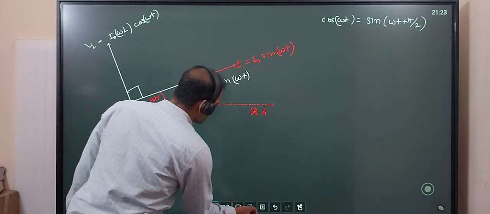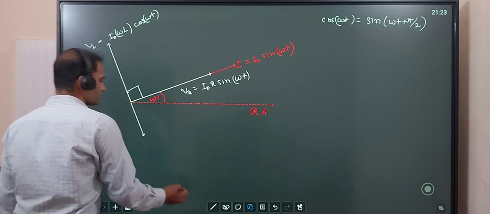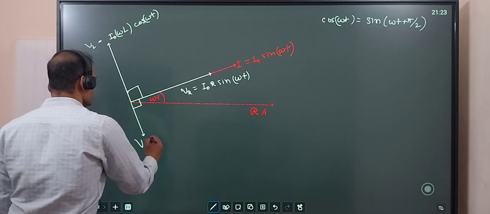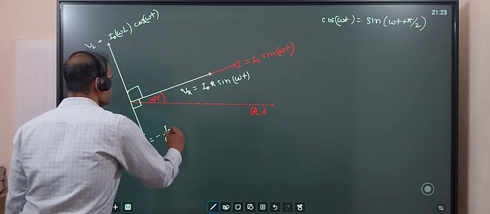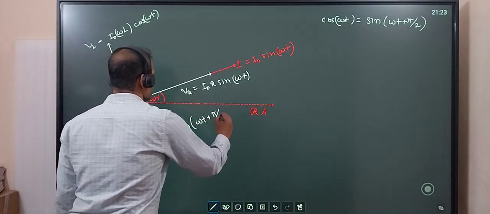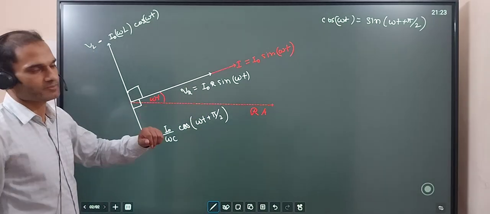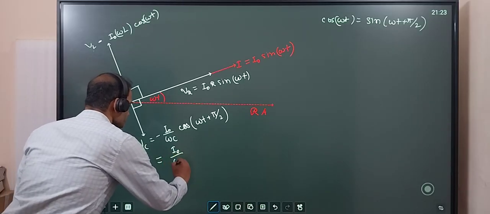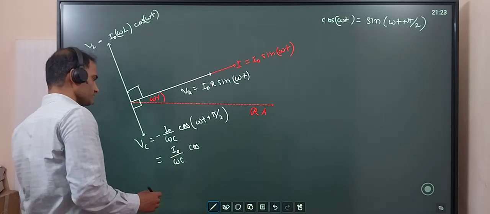What about the voltage across the capacitor? It lags by an angle, again 90 degrees. So minus I naught by omega c cos omega t. Some people will say I have again written plus pi by 2, not minus pi by 2. If you remove this minus sign, you will get this thing.